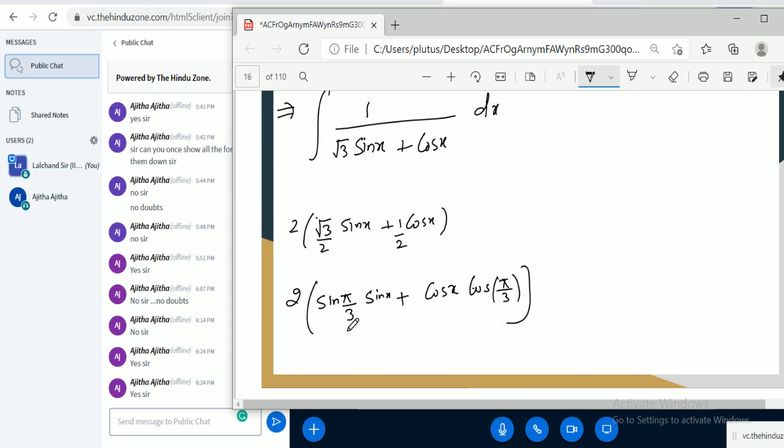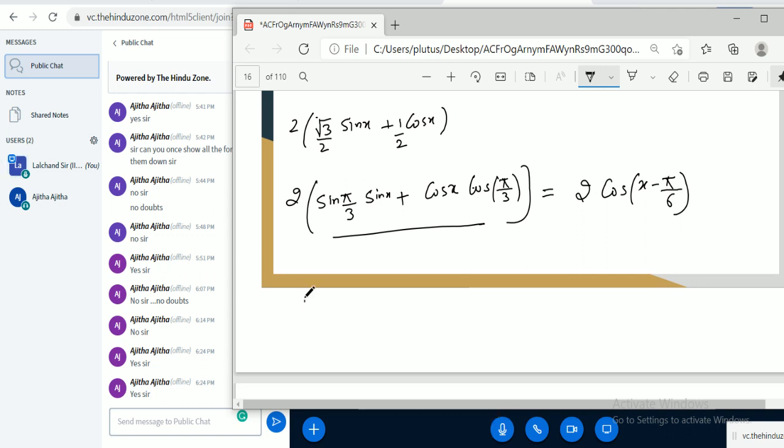So now we can convert this into a single formula. So what will be the formula? That will be 2 into cos of x minus pi by 6, isn't it? So if we substitute this value here in denominator, we will have 1 upon 2 cos x minus pi by 6 into dx.